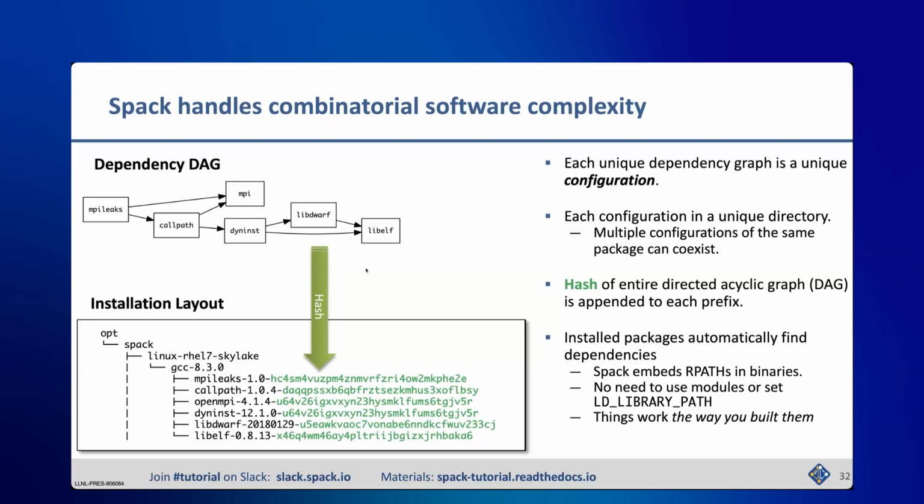And that ensures that, by the time you get around to running something, you may not be the person who built it. You may not remember how you built it, but we do, because we've baked in the paths to the libraries into all these things. And so each of these directories, even though it has a separate install directory, it points out to its dependencies so that we can find them later. And you can just run a Spack binary out of a directory.